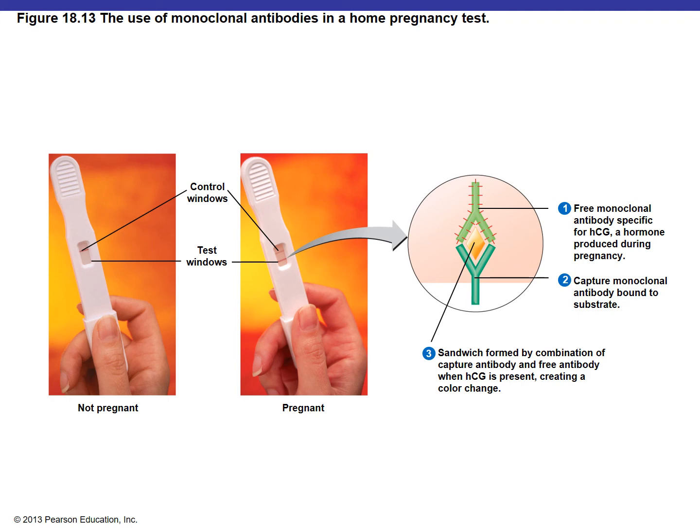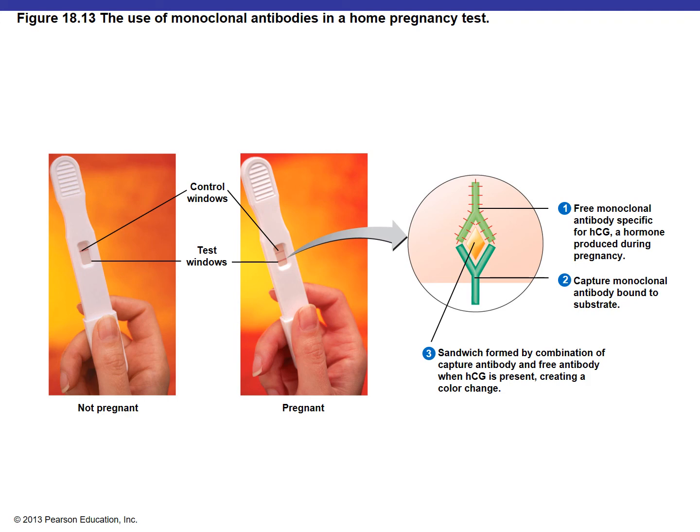Then they hit the first line. You see the lines, right? The bottom line is the test line. The top line is the control. So they hit the first test line, and on that line, you've got the second antibody to the HCG, and it's not mobile. It doesn't move from that position.